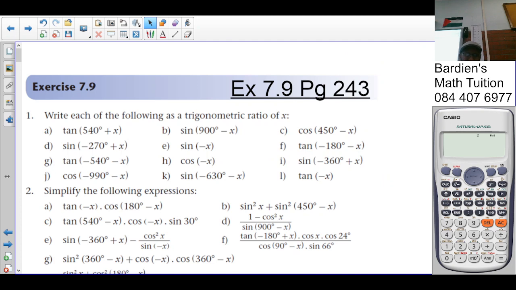Alright, so let's just get the textbook open. Which page was that on, people? 7.8? 241.